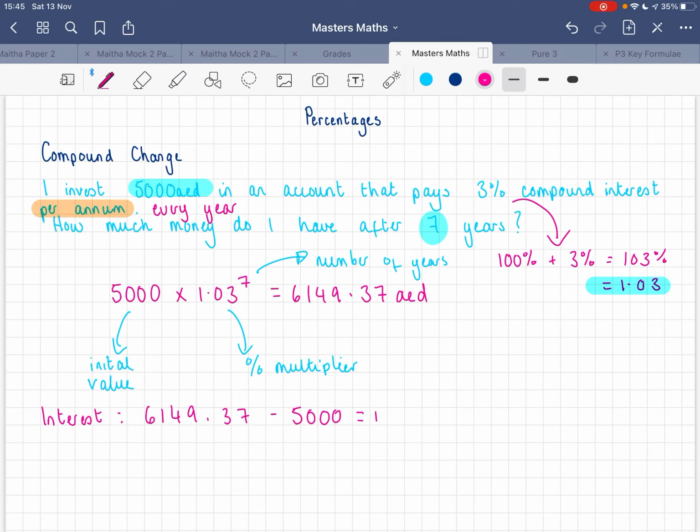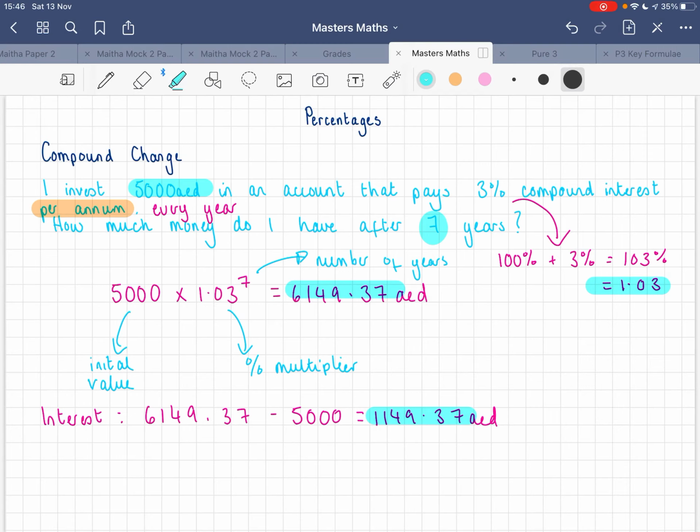Again, I could have done that in my head. 1,149.37. So this is the interest. That's the interest amount. This is the total amount that I have, including the original 5,000 that I invested.